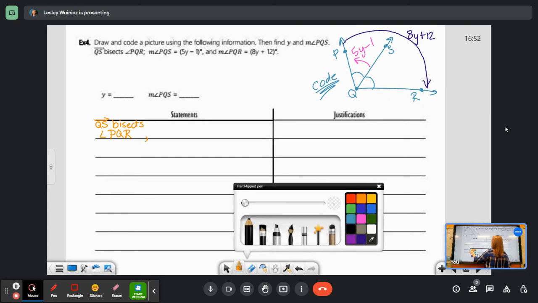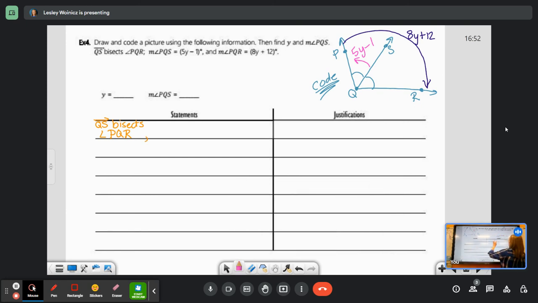Next, we know that the measure of angle PQS equals 5y minus 1. I could have written that smaller. Let me try that again, sorry. Measure of angle PQS equals 5y minus 1.